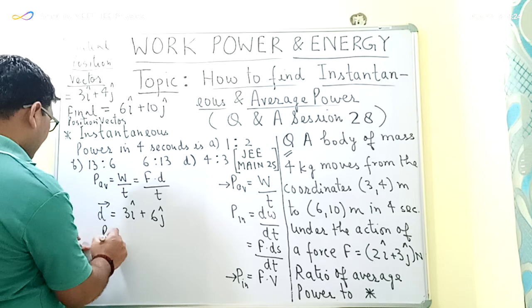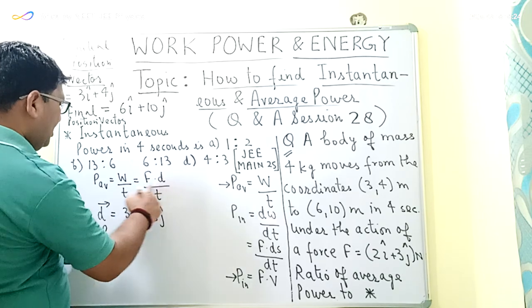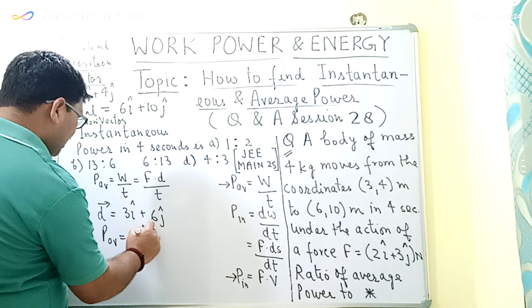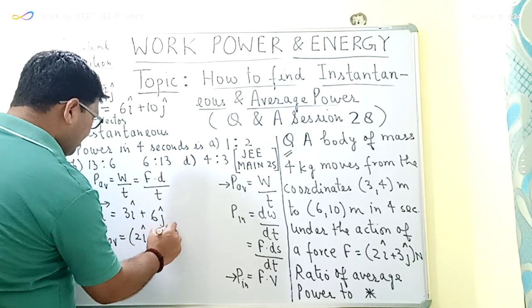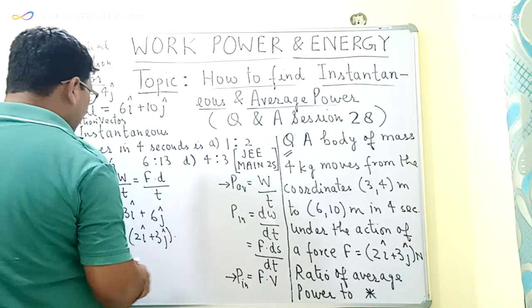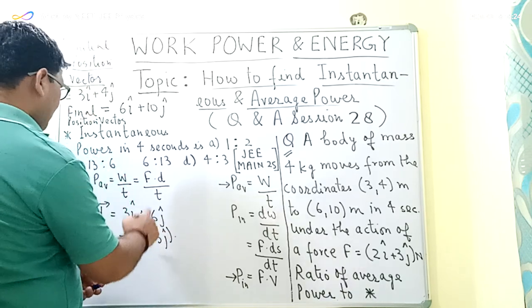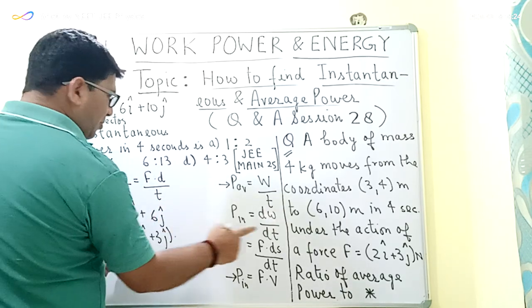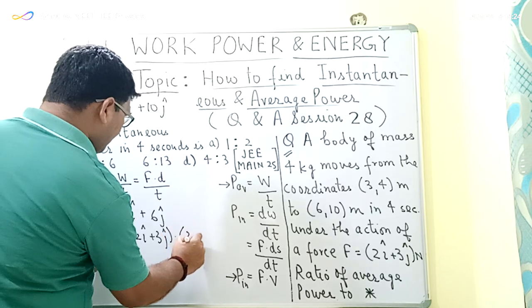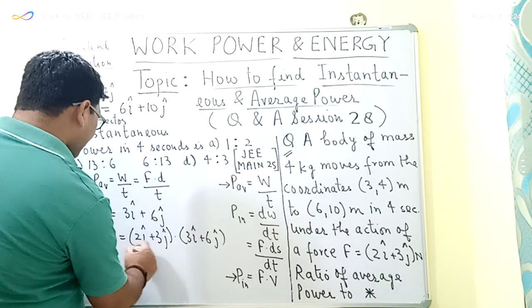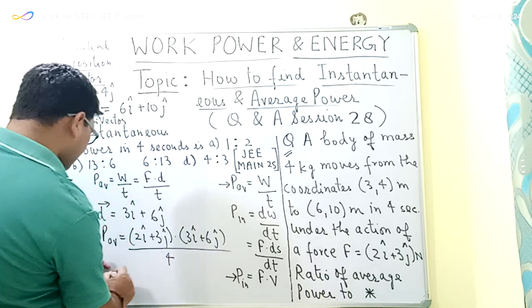The average power will be equal to F, which is 2i cap plus 3j cap, dot d, which is 3i cap plus 6j cap, divided by 4.